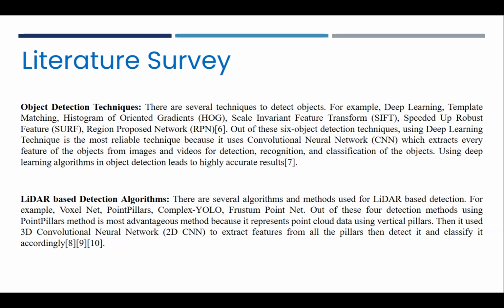Coming to the second thing, as we are using a sensor, what kind of detection algorithm do we use for that particular sensor, like LiDAR? We have different detection algorithms for the LiDAR sensor, that is Complex YOLO, PointPillars, PointNet and so on, which run on convolutional neural networks.